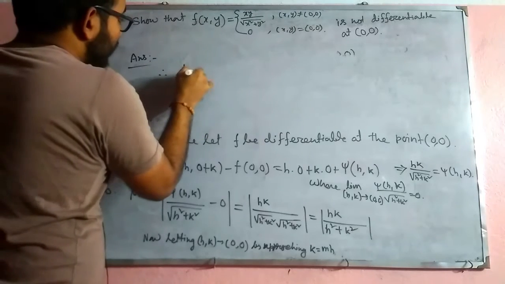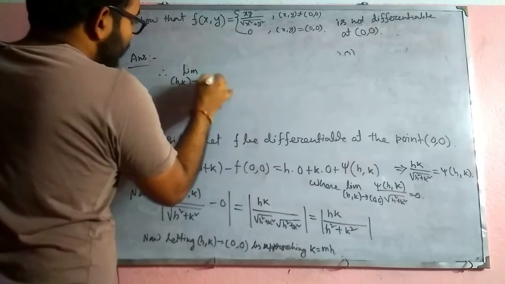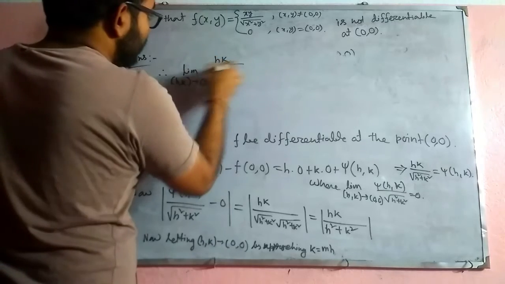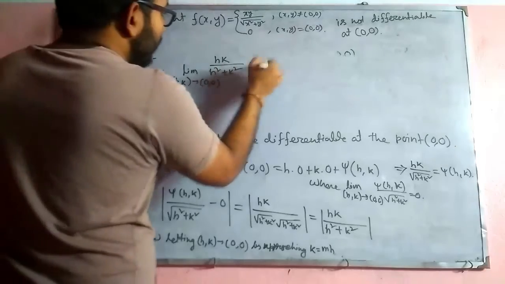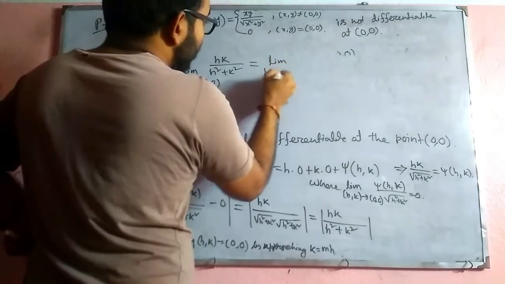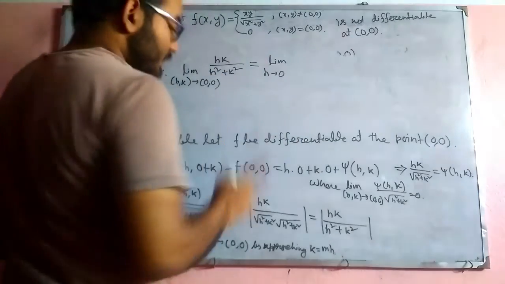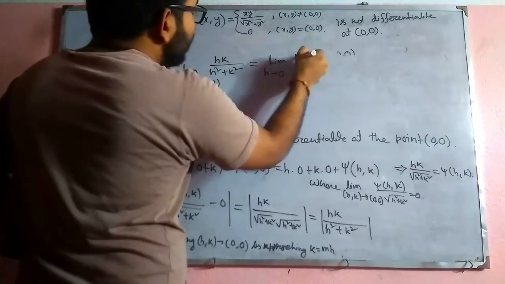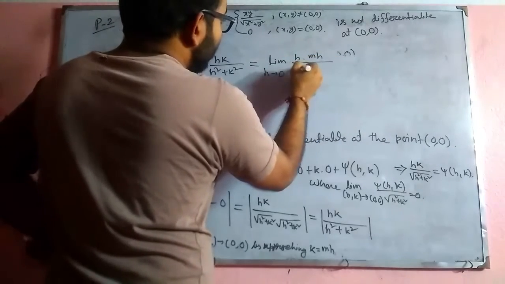So limit h comma k is equal to limit h tends to 0, and what is k? K is mh. So we put the value of k.